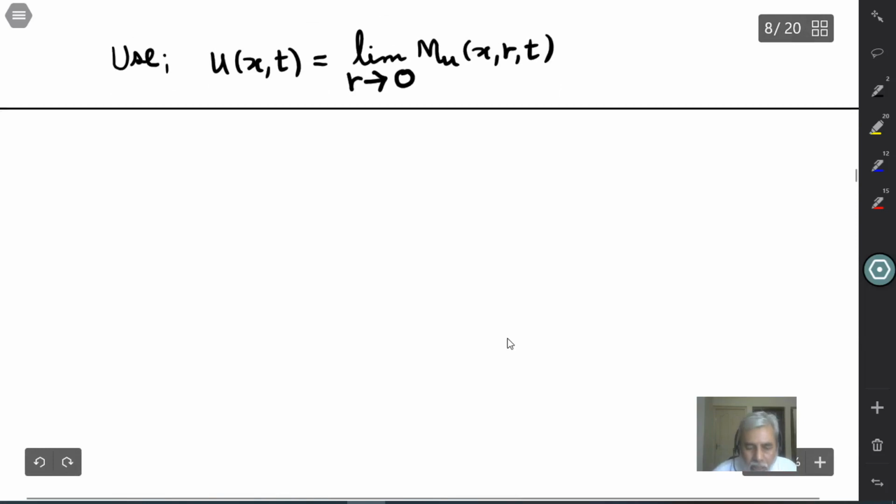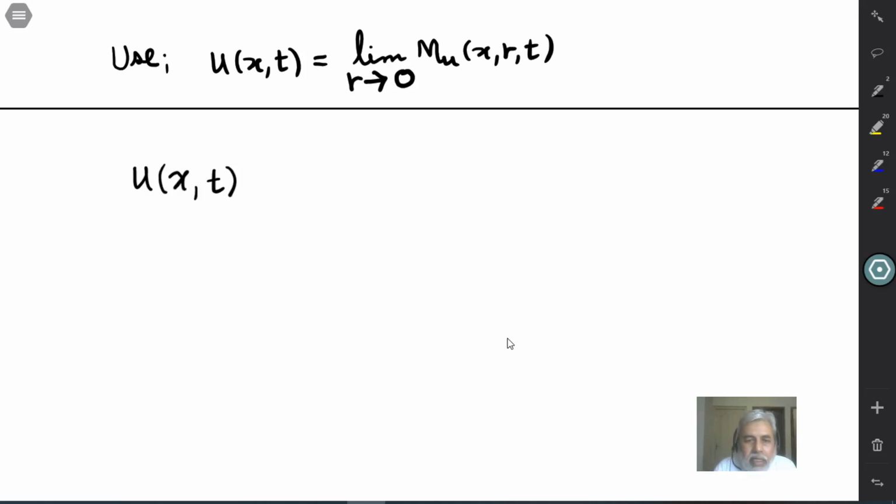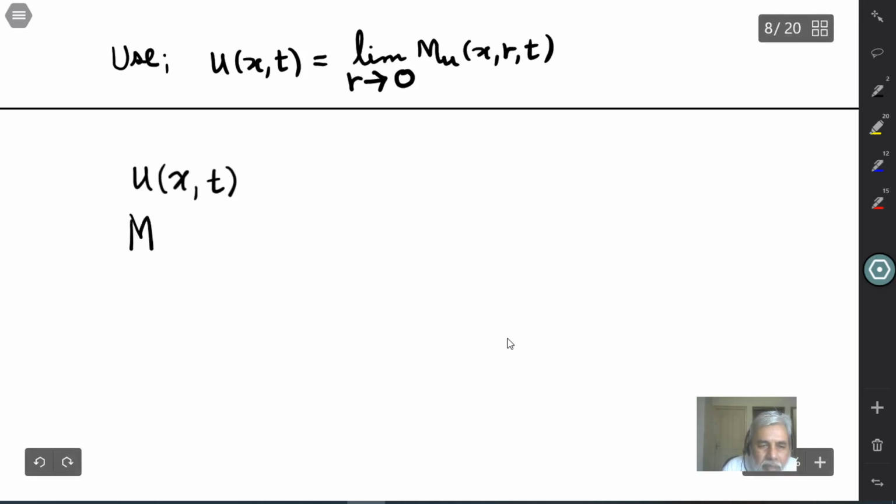Now we are given a function u of two variables x and t, where x is in Rn and t is positive, and now we form its spherical mean function. This will be a function of x, r, t.